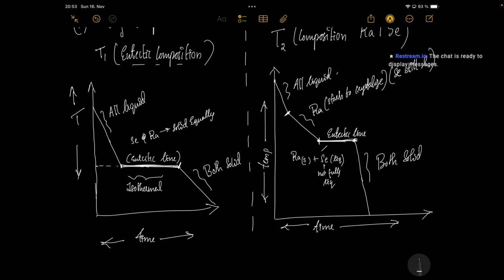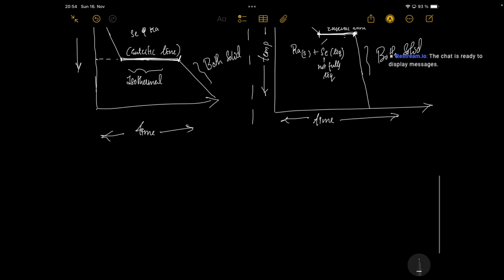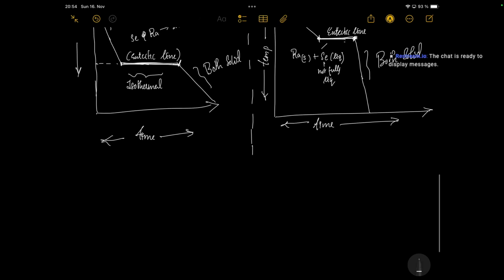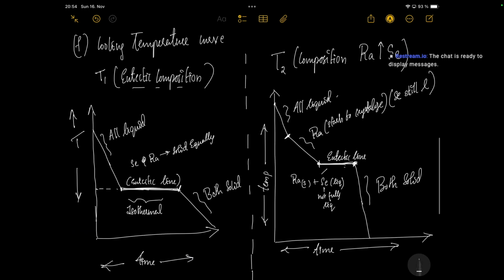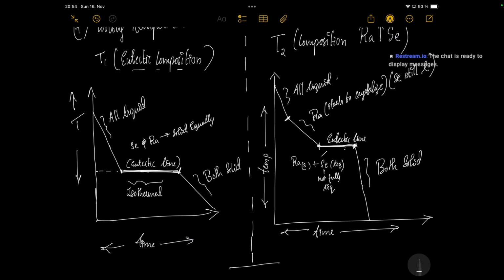I don't exactly know if they've fully crystallized at this point, but when you go below the eutectic temperature, both are gonna go solid. Yeah, I think that's it for the temperature curve. If there are any changes I should be making, please let me know.